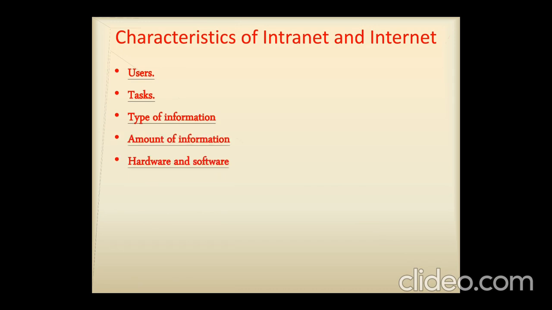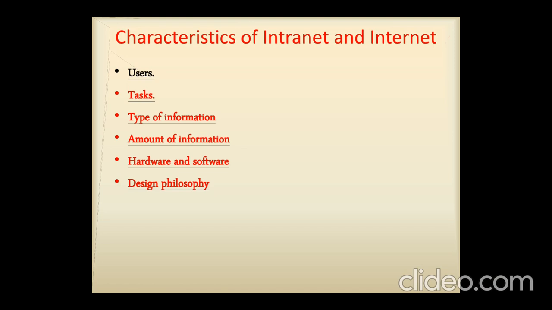So the users of the intranet are the organization's employees, who know a lot about the organization, its structure, its products, and its culture. Internet sites are used basically by customers and others who know much less about an organization and often care less about it.